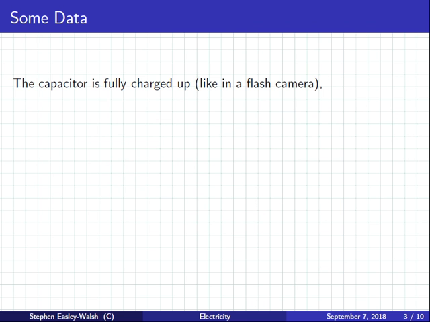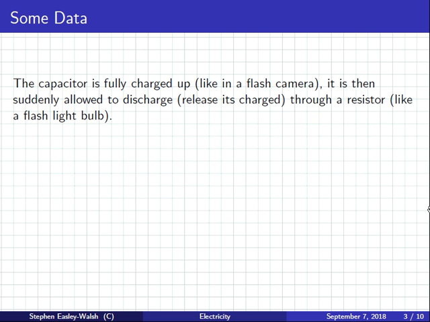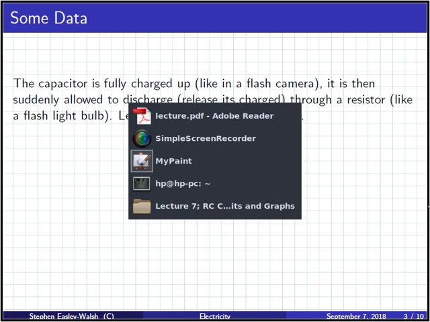So the capacitor is fully charged up, then is allowed to discharge through a resistor, like a light bulb. So let me just draw the diagram, okay? So maybe you have something like this. You have a battery. A capacitor here.